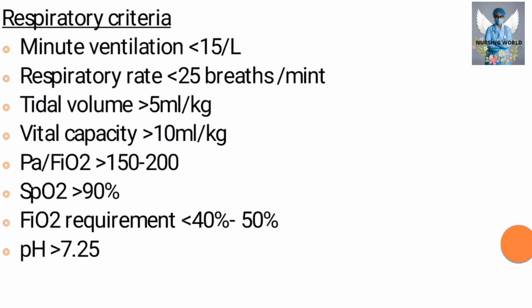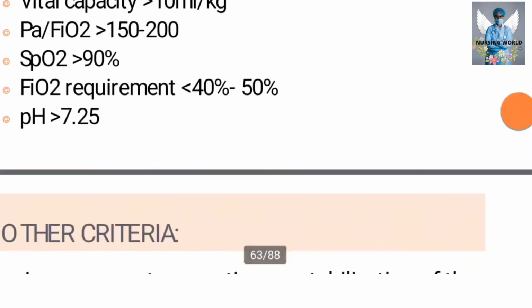PaO2/FiO2 is more than 50 to 200 and SpO2 is more than 90 percent. FiO2 requirement is less than 40 to 50 percent, and pH level is more than 7.25.